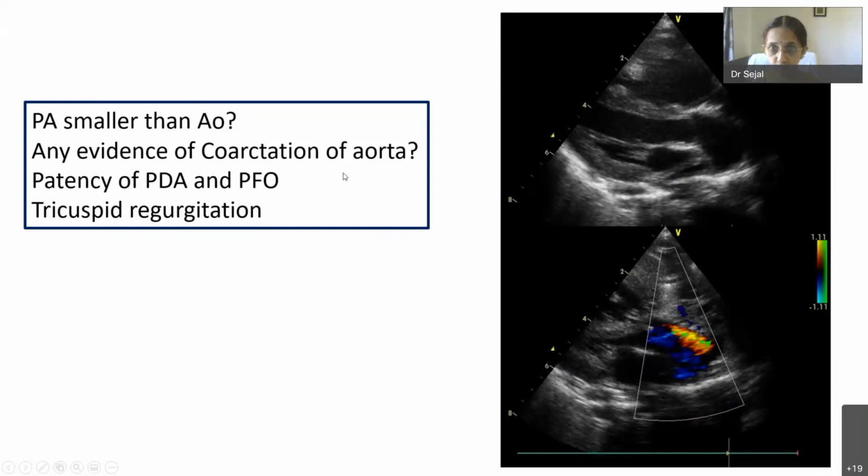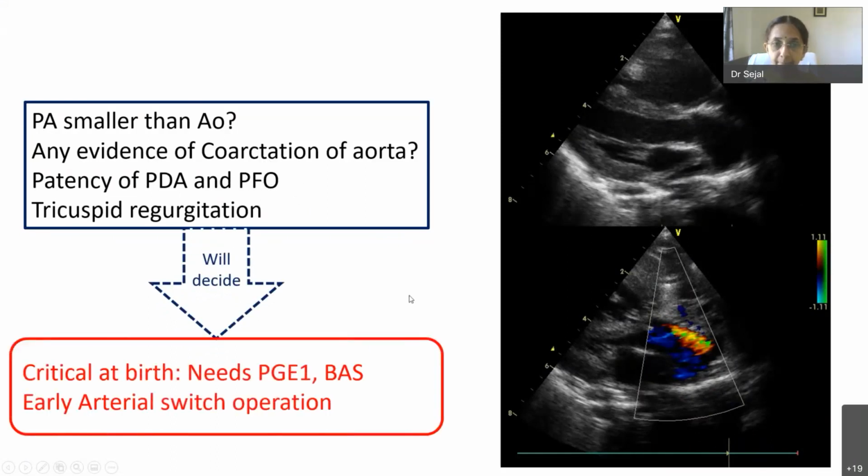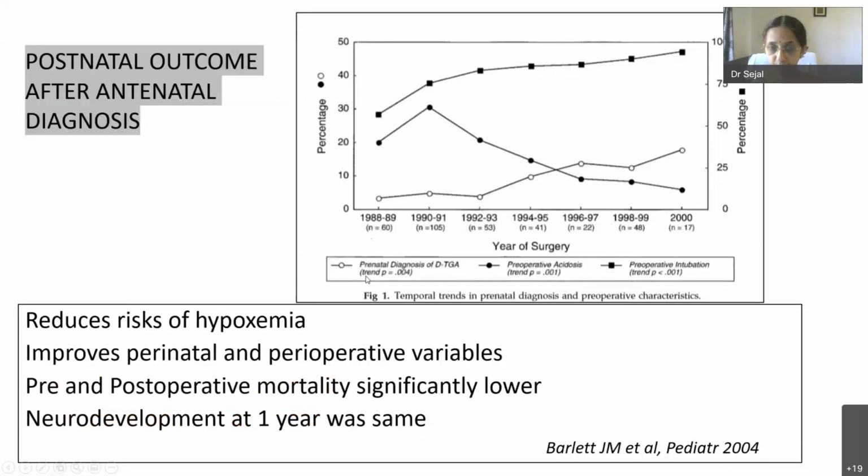Any indirect evidence of coarctation, patency of PDA and PFO. This is important because theoretically there is a possibility that PFO can become restrictive, and again these children can become sicker very soon after birth, and presence of tricuspid regurgitation. And hence, these issues, we know that prostaglandin, septostomy, and arterial switch operation, long-term prognosis is beautiful with arterial switch operation, and hence delivery in a tertiary center, etc. Those steps need to be considered for a transposition.